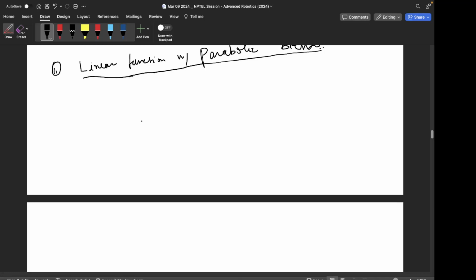The motivation here is that sometimes we can use linear trajectories, but if we just use them like this, then at the starting and at the end they will always have non-zero velocities, right?